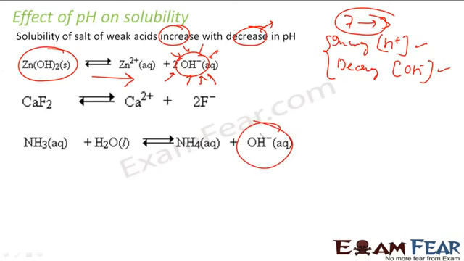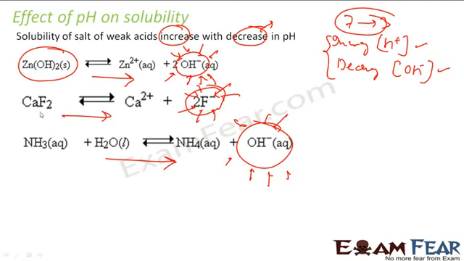Same thing here also. If I am increasing the H plus ion concentration, H plus will react with F minus from HF, so this is reduced. The equilibrium will move in this direction to release the stress, and thus more will be dissolved.